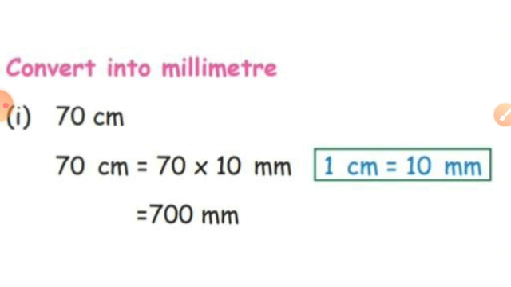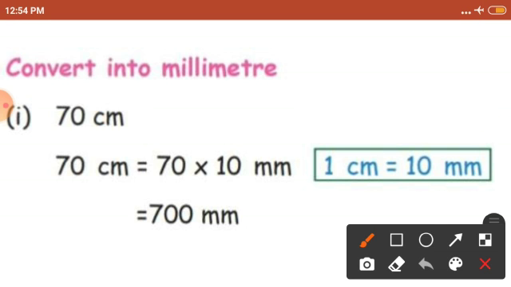Let's see the conversion. Convert into millimeter. When we are converting, how do we see whether we are going to convert to a smaller unit or a bigger unit? Let's see this. First one is 70 centimeter. So, centimeter is going to be converted to millimeter.